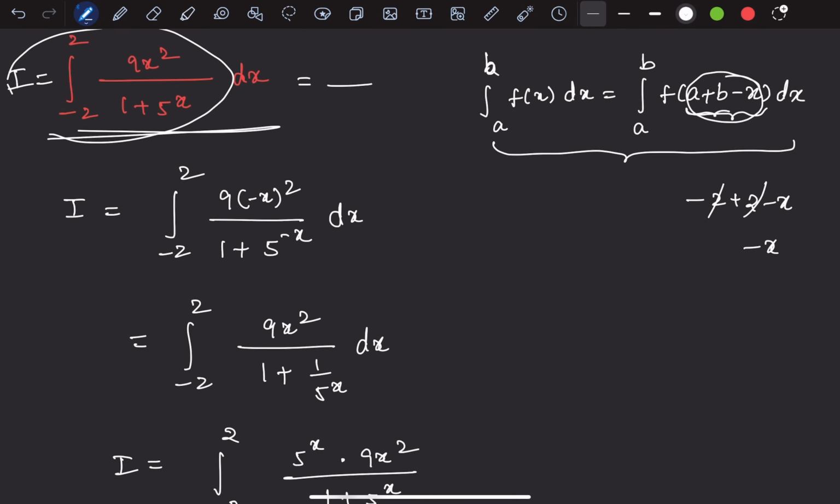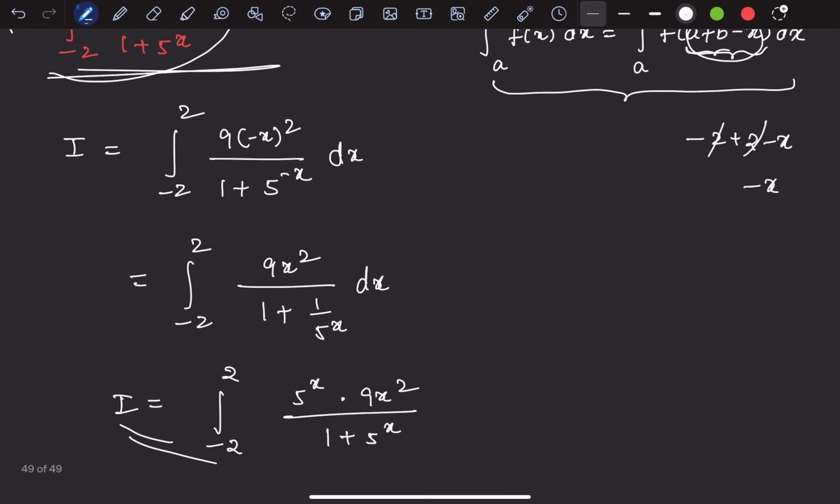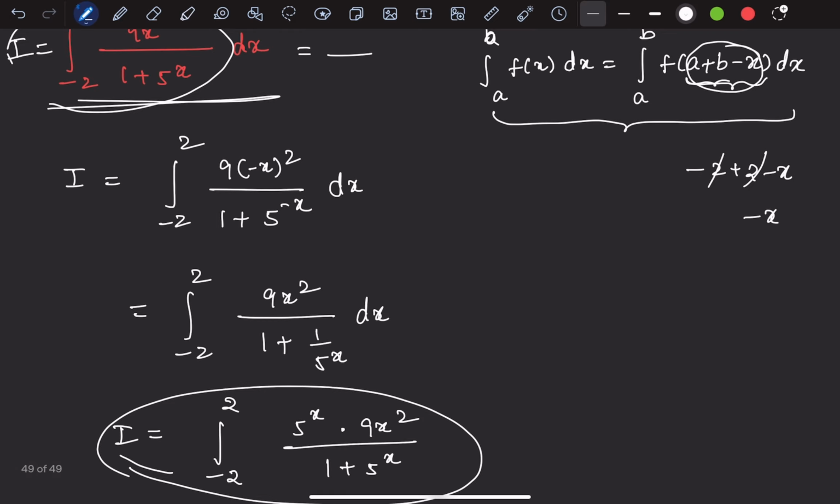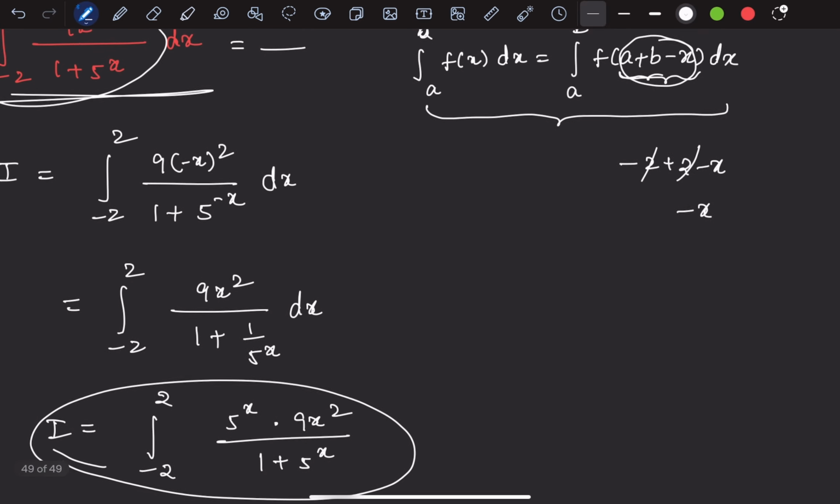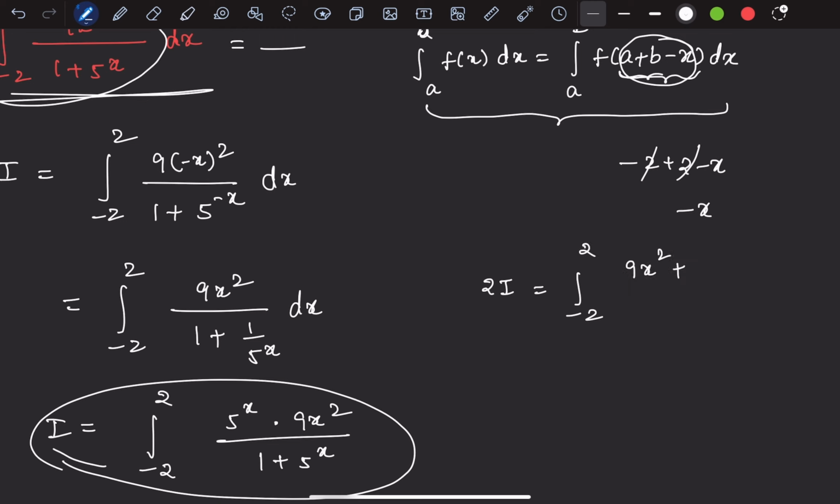Now this is I and this is also I. So add them up. You'll get 2I is equal to integral minus 2 to 2, 9x square plus 5 power x multiplied by 9x square by 1 plus 5 power x dx.